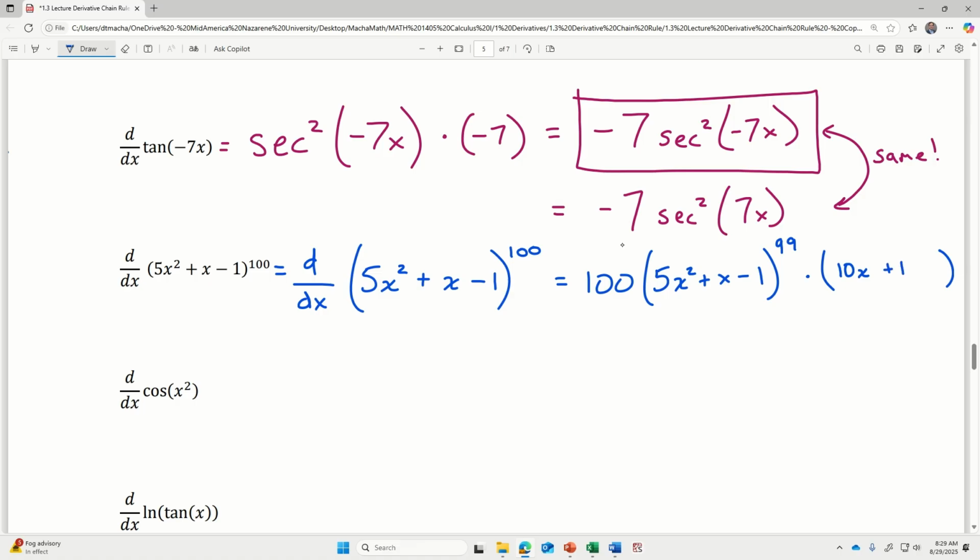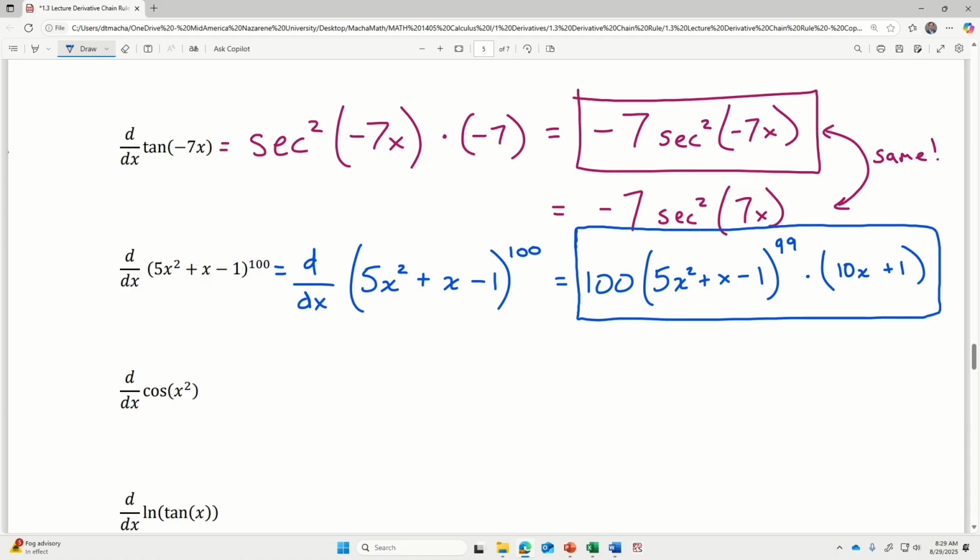Because the derivative of x is 1, and the derivative of negative 1 is 0. So that's it. And we are not going to simplify this. Because if we were to simplify this, it would take us years and years off our life. So just leave it like that.